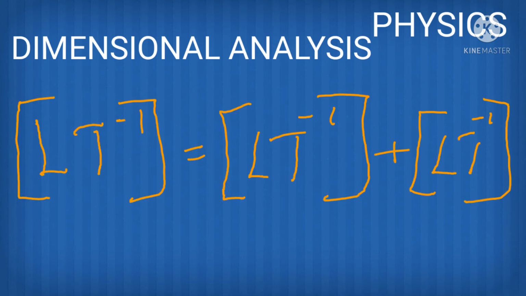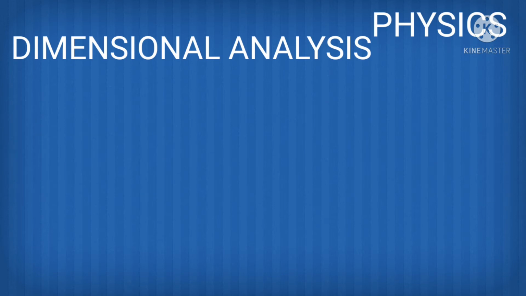So both the sides have LT power minus 1 equal to LT power minus 1 plus LT power minus 1. So we can see that the dimensions of both the sides are same, hence the equation is dimensionally correct.